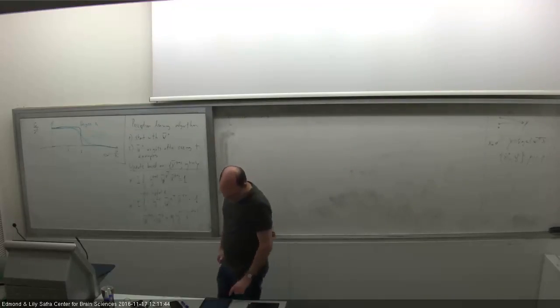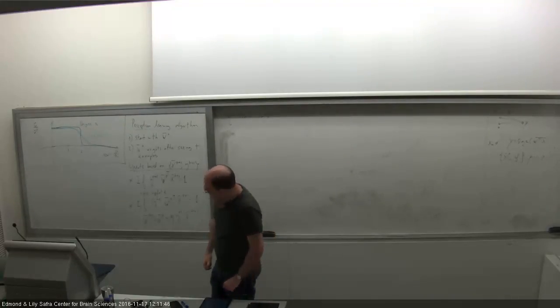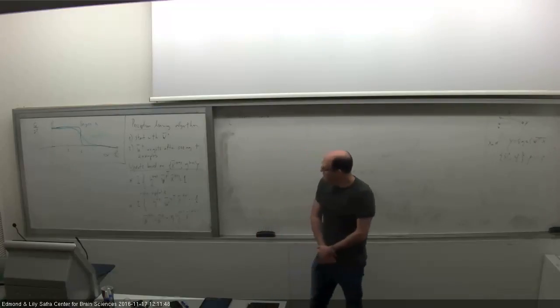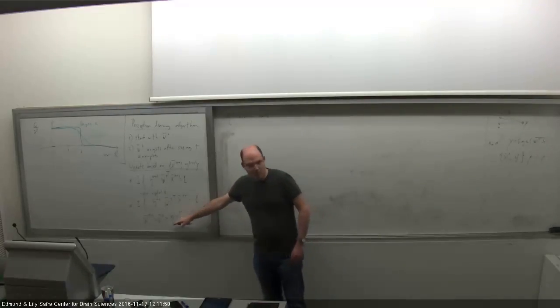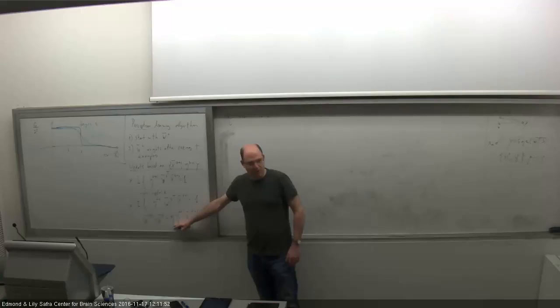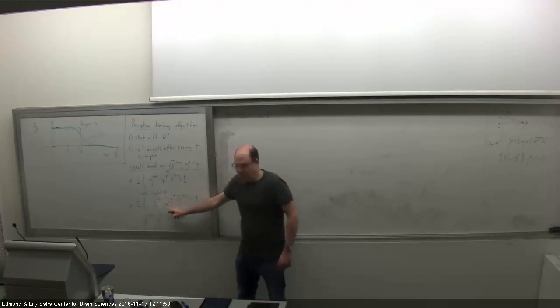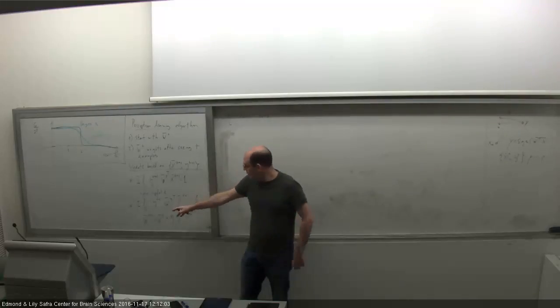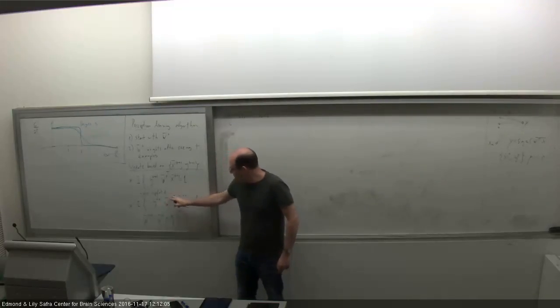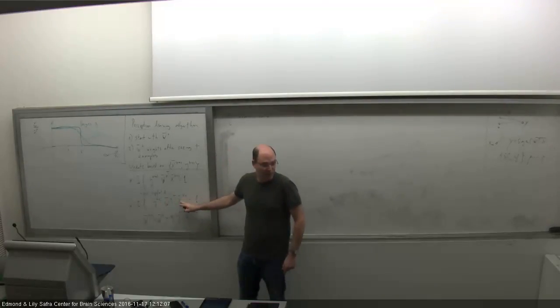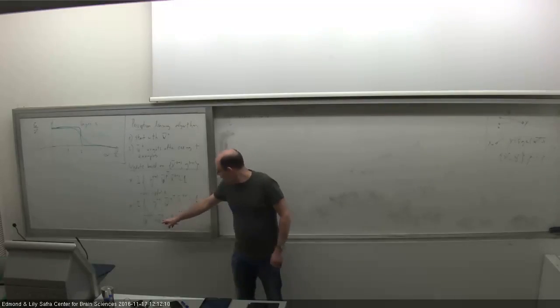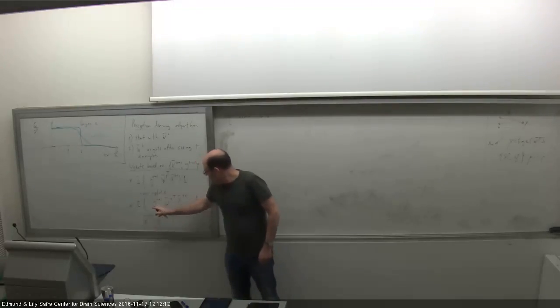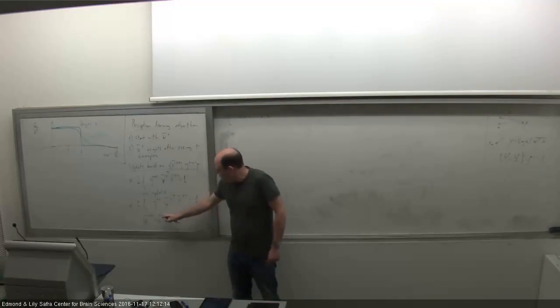One thing to note about this update is that it makes sense because it always increases this expression. It brings it closer to what we want it to be. We want y_{t+1} times W_{t+1} x_{t+1} to be plus 1.